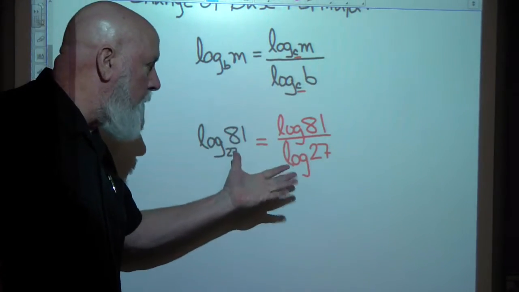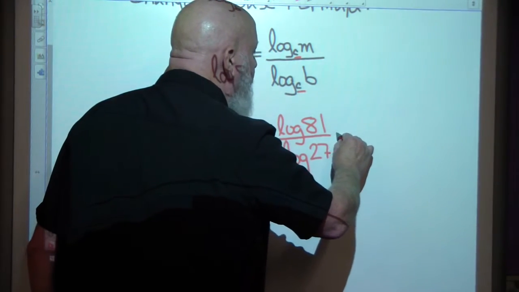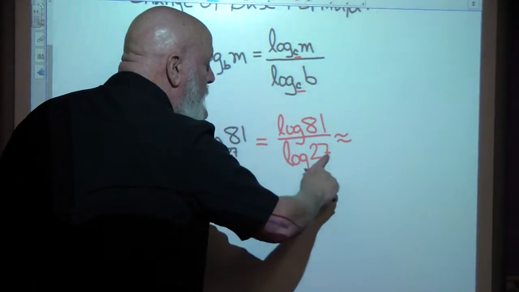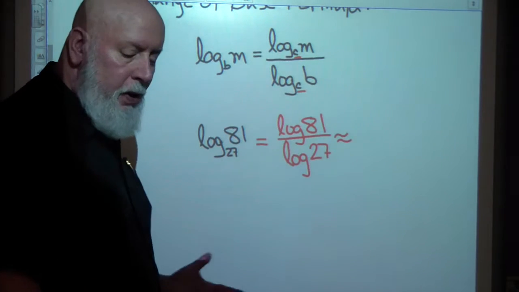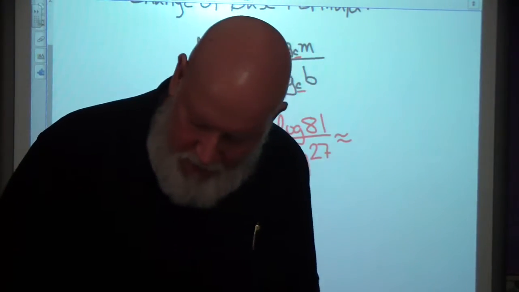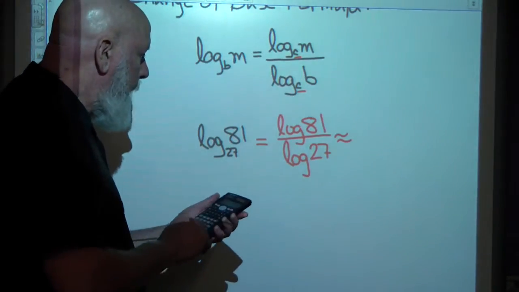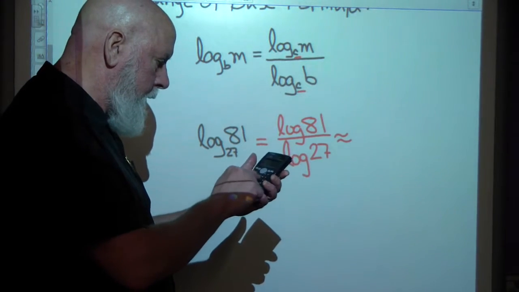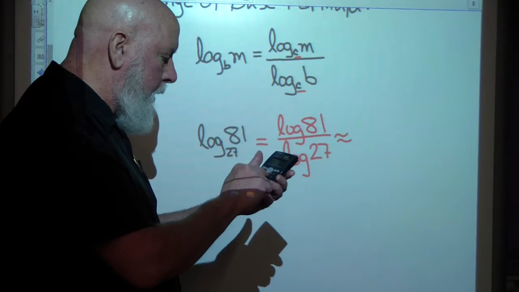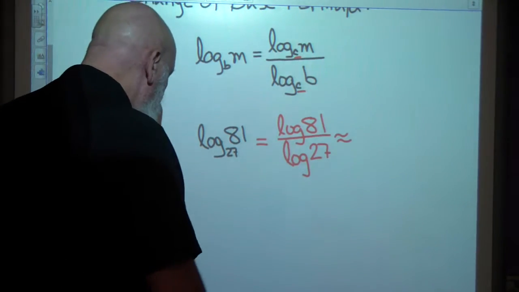Now this is written in base 10, and I can evaluate that really easily with my calculator by just saying log of 81 divided by log 27 and round it to the nearest thousandth because it said that on the instructions. So if I can find my calculator, we'll get underway. Here we go. Log 81. There's my log button, 81, divided by log 27 equals 1.3 repeating.